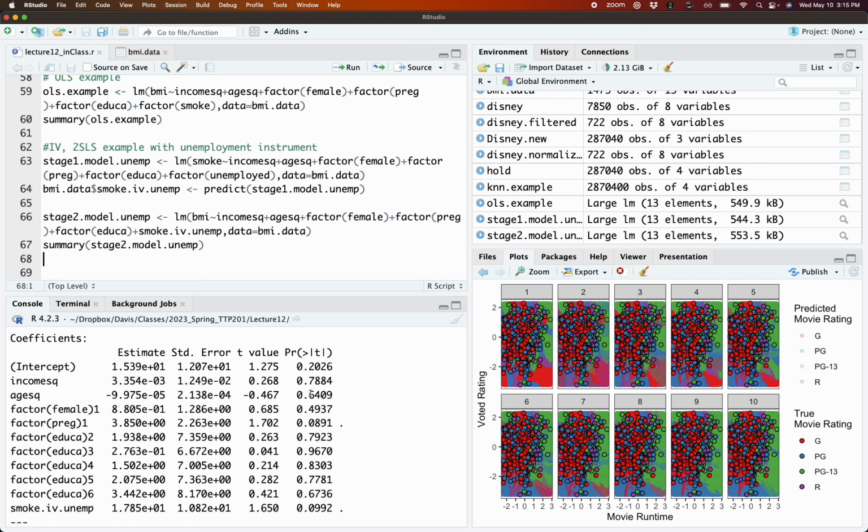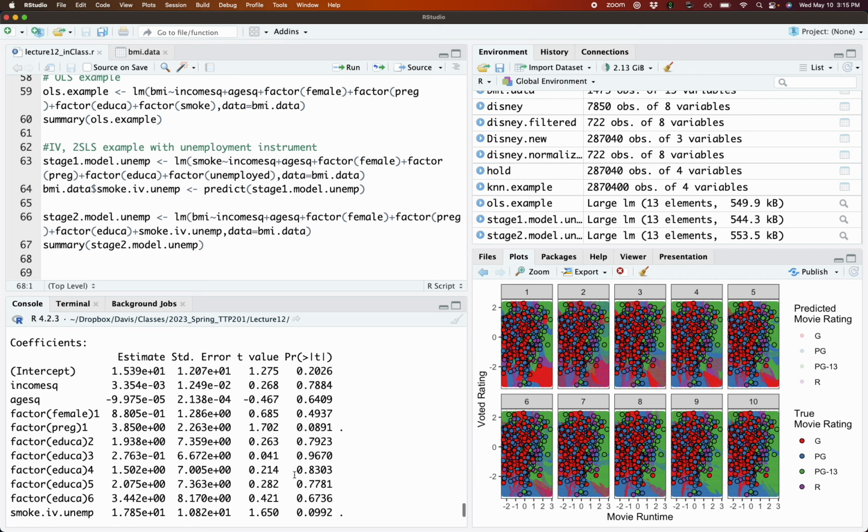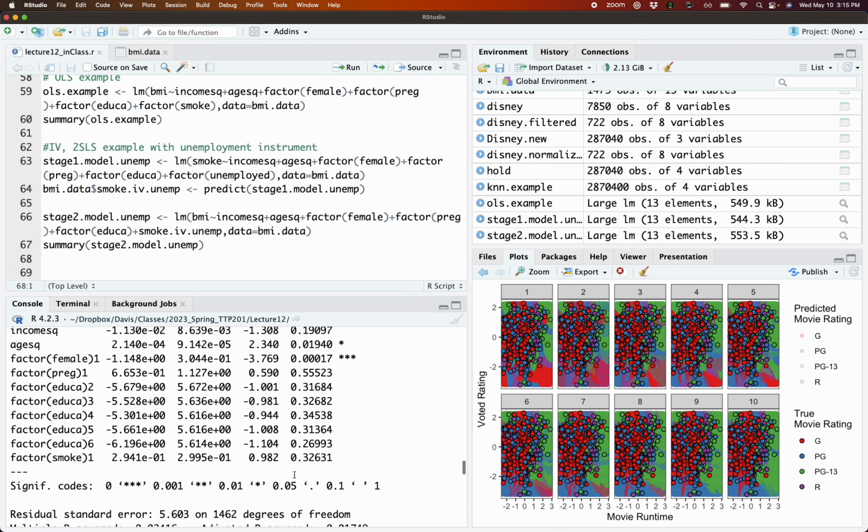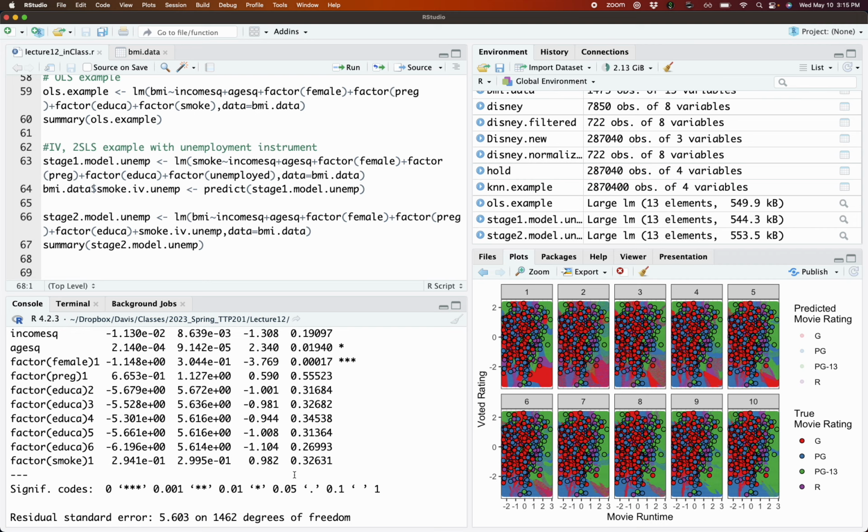essentially now what we're seeing here is that once I introduce this instrument, I have a much different effect, right? So right now it's saying 17, or 17.8, for a change of 1 in smoking, whereas before it's 0.3, okay?